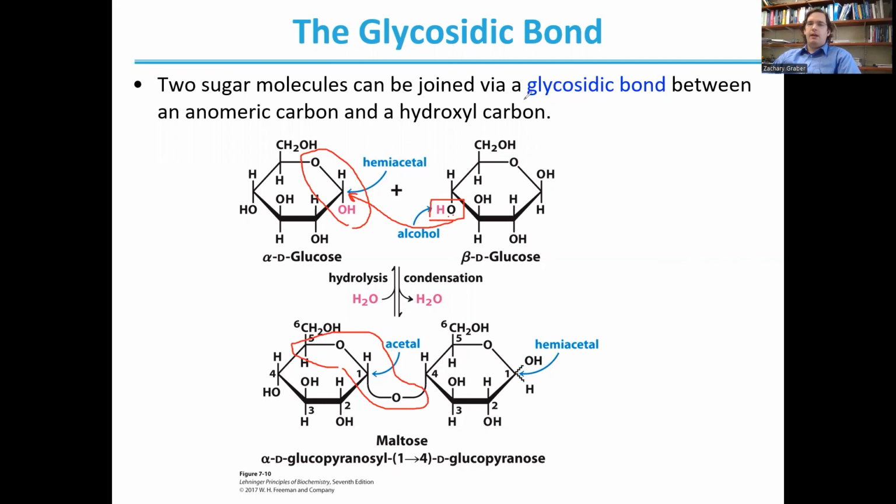We call this a glycosidic bond, and this is going to be the key linkage that we'll use in order to bond our monosaccharides into larger sugar disaccharides or even large sugar polymers or polysaccharides. So we'll take a closer look at this reaction and the resulting larger sugar polymers in our future lectures.